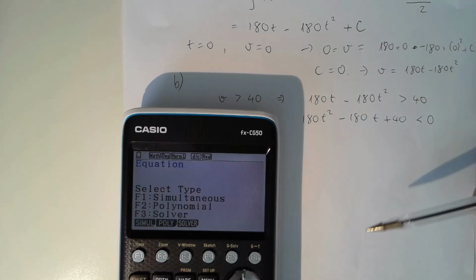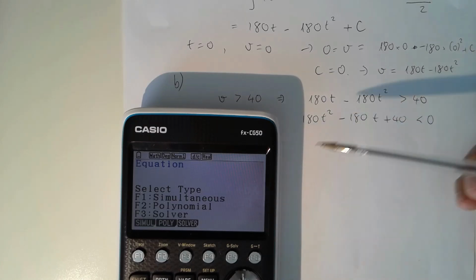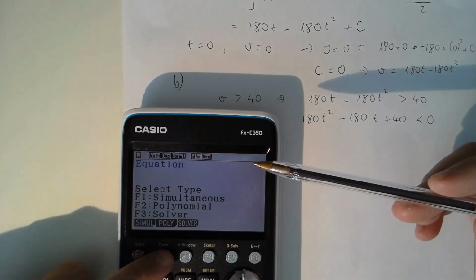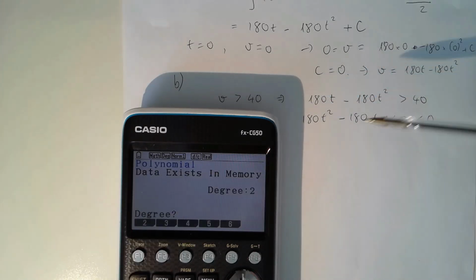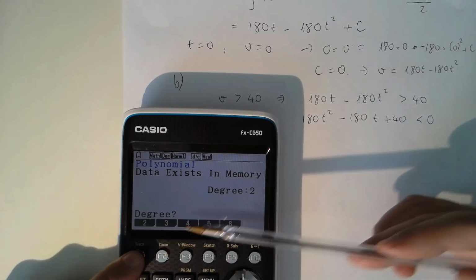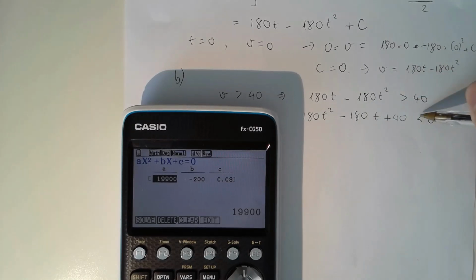You know that the equation here is basically quadratic, so use polynomial. F2 right here. Degree, the power would be 2. So F1. You make them equal to 0 first to get the intercept points first.